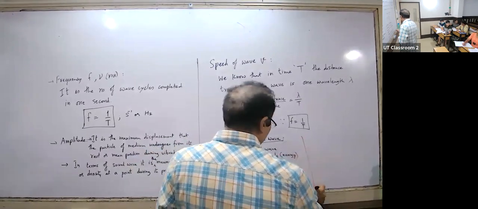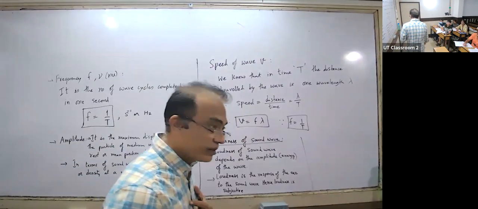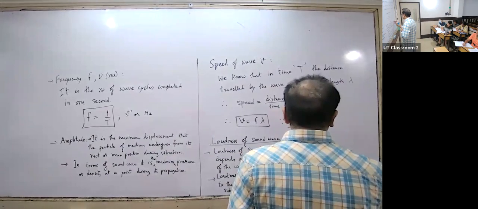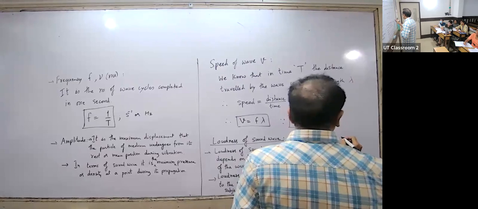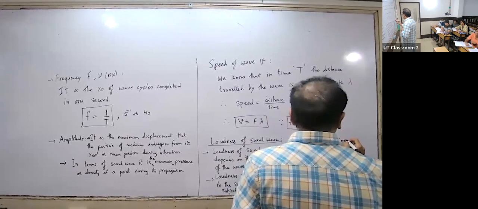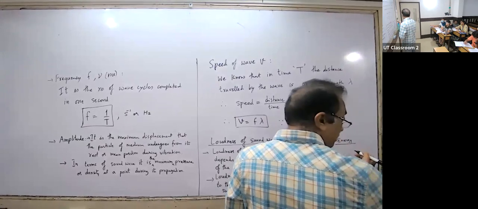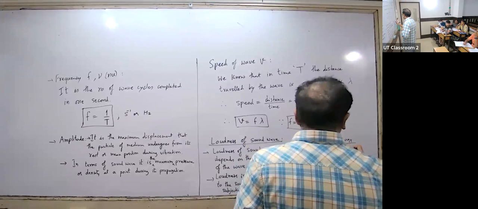So what is not subjective? The intensity. The intensity of sound. What is intensity of sound? It is the energy flowing, sound energy. Which energy? Sound energy per unit area, per unit time.